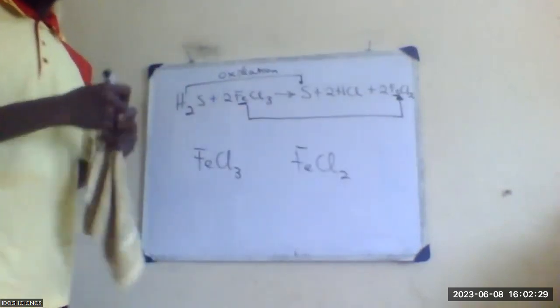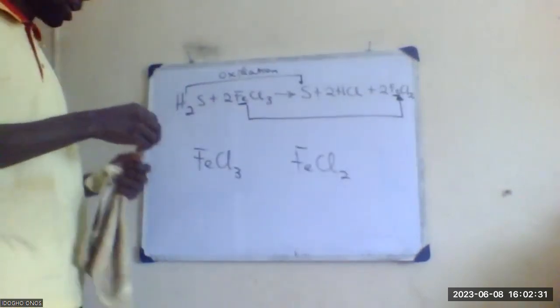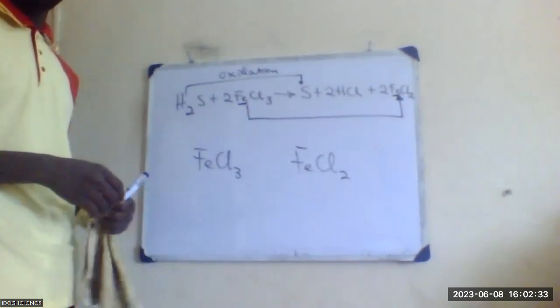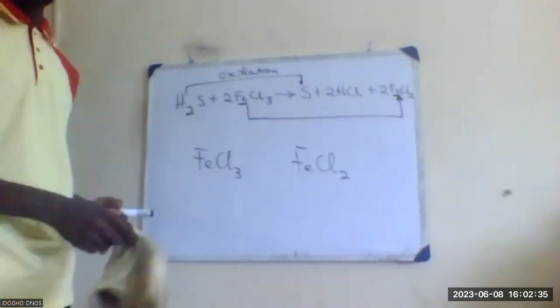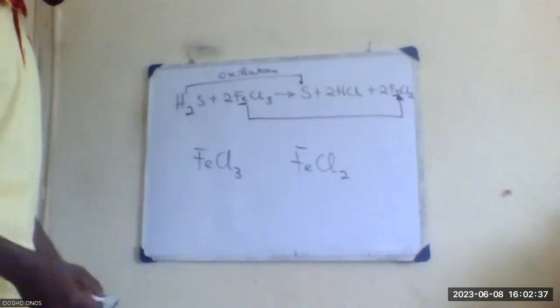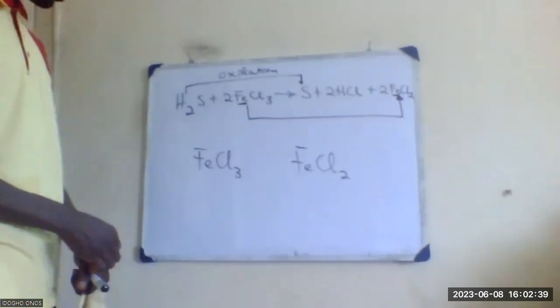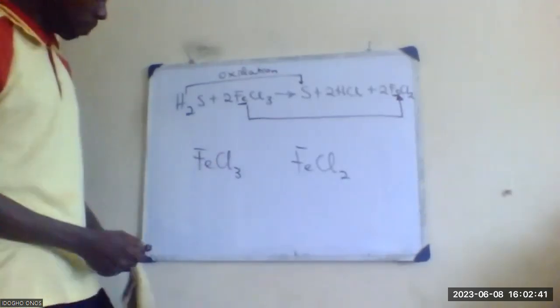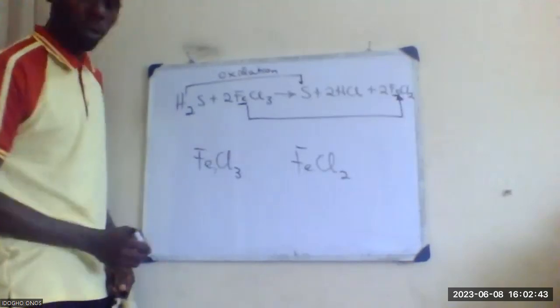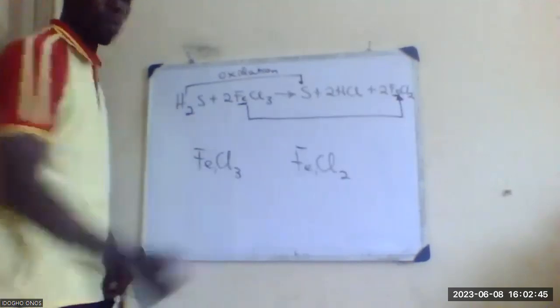I believe you must have taught your students how to write formulas of compounds. Formulas of compounds are always written from valencies. In this FeCl3, there's an invisible one here which you are not seeing. There's also an invisible one here.